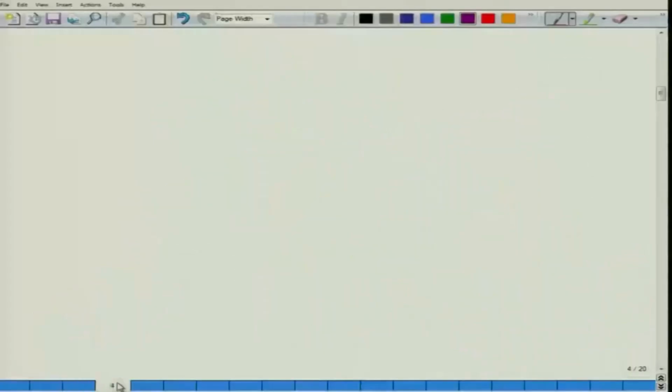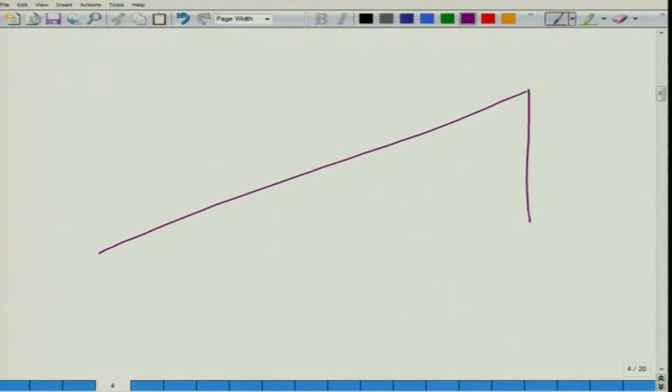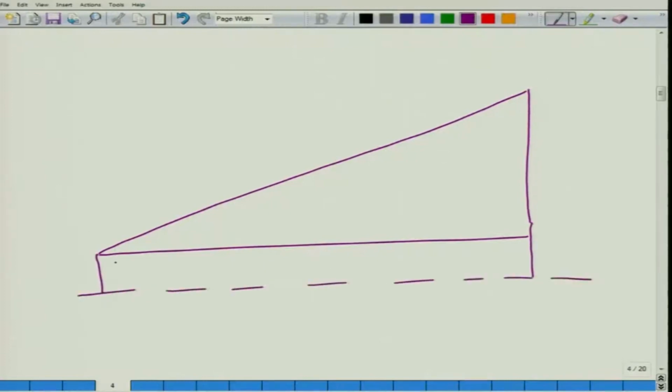Now, similarly, if we went into a forest and if we got that there was a tree whose elevation is measured from the point of the observer's eye, if this were 17 degrees and the height of the eye from the ground level, suppose it was say 5 feet, and if we measured this distance, that was d, we would very easily be able to calculate the height of the tree.